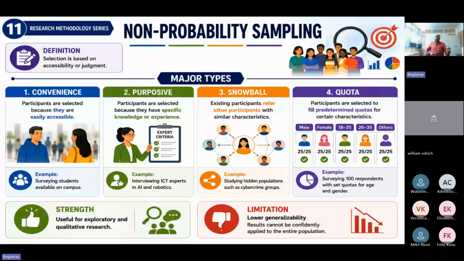So the limitation is lower generalizability, because the results you get are actual results. The challenge is that they are not the real cross section of the population, so we cannot confidently apply them to the entire population. This is one limitation when we use non-probability sampling in research.